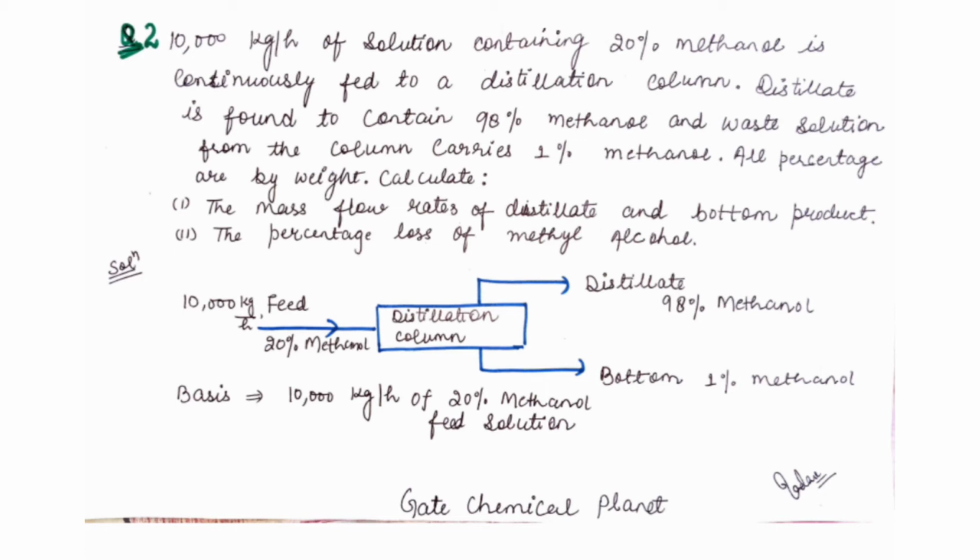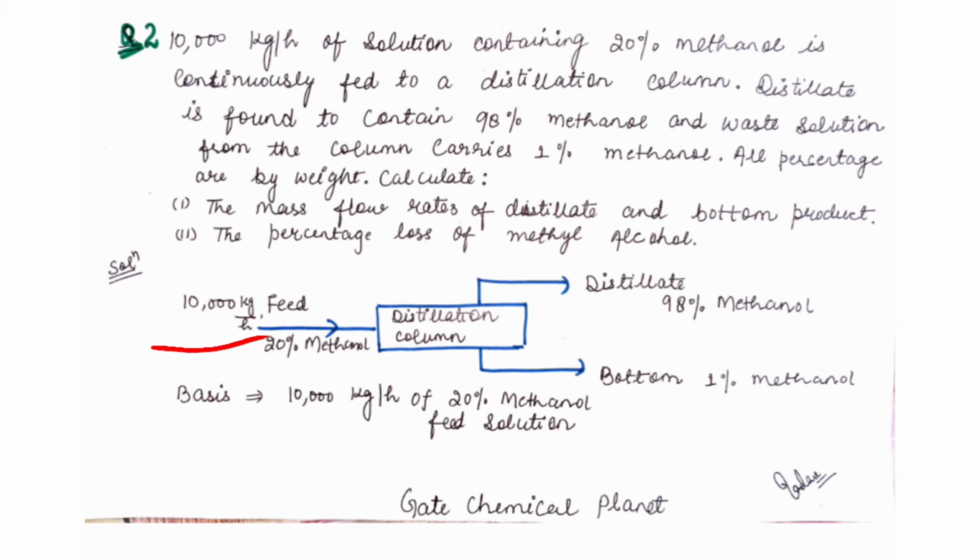So first we will draw the block diagram for the given situation in the case of a distillation column. I have drawn it for you here. The feed of 10,000 kilograms per hour is given, so it is easy to take the basis as 10,000 kilograms per hour of 20% methanol feed solution.